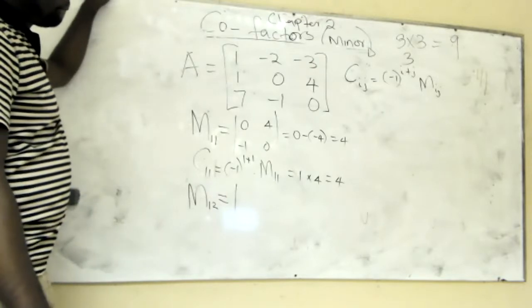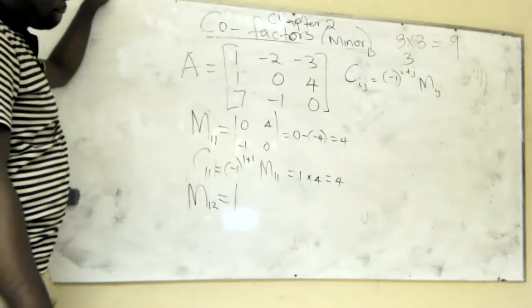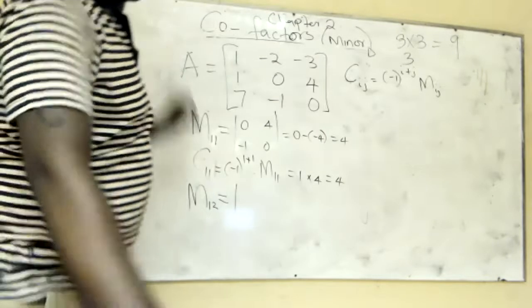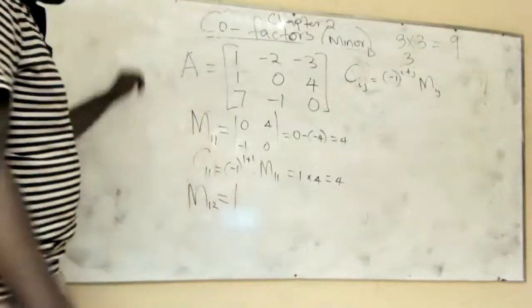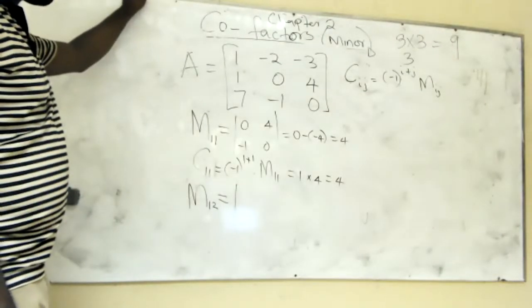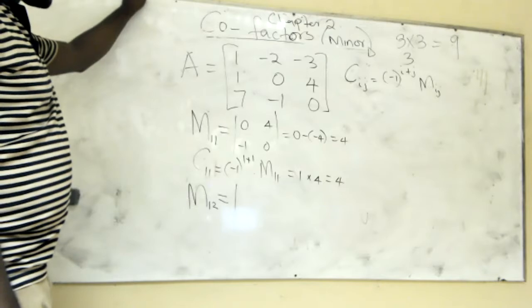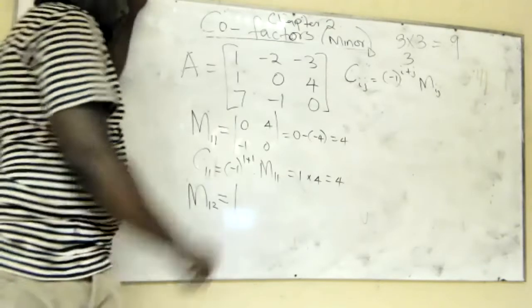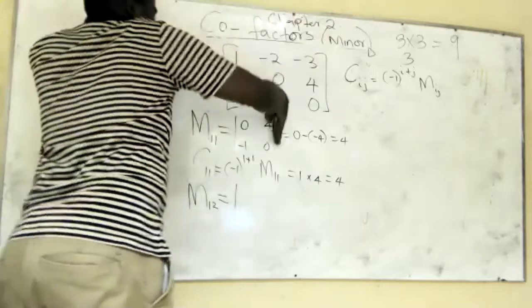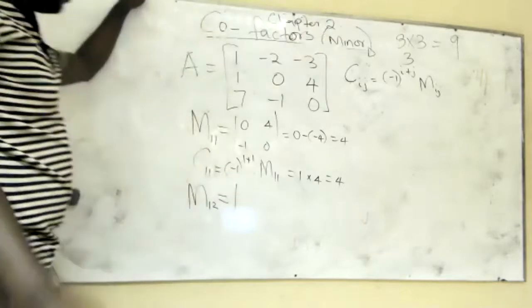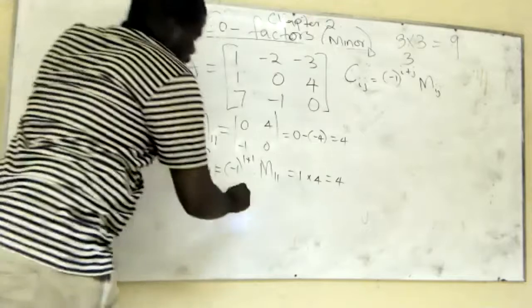It's row 1, column 2, so we cancel this row and column. What remains is -2, -1, -3, 0... we hold this and that, what do you get? 1, 4, 7, 0.